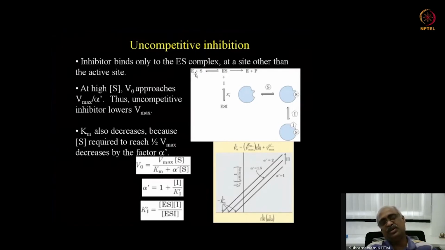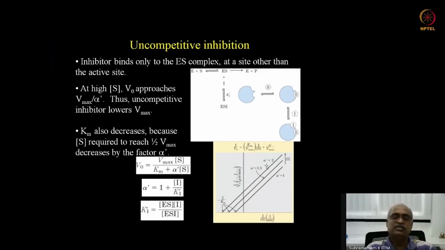So this forward reaction, like K1 rate constant, will be enhanced. And due to that, the Vmax is going to decrease by that factor, which means Km also is going to decrease because the substrate required to reach half Vmax is also going to decrease. So due to that, Km and Vmax both change by the same factor, that alpha prime.